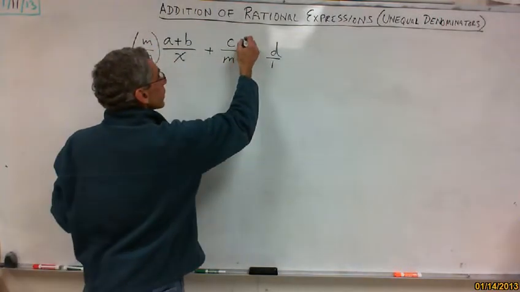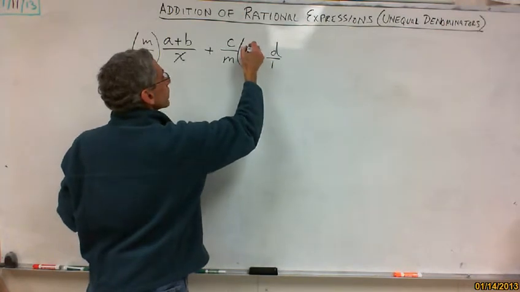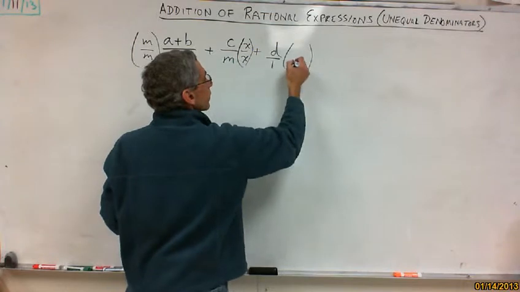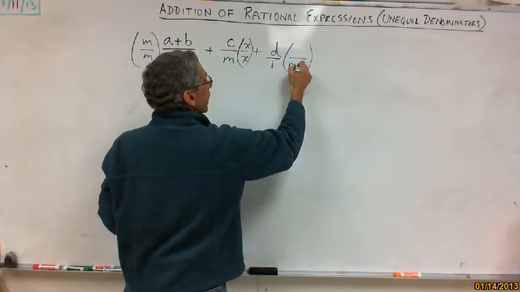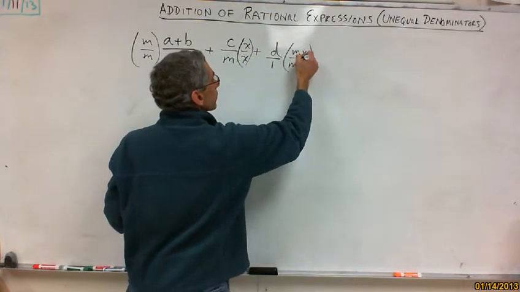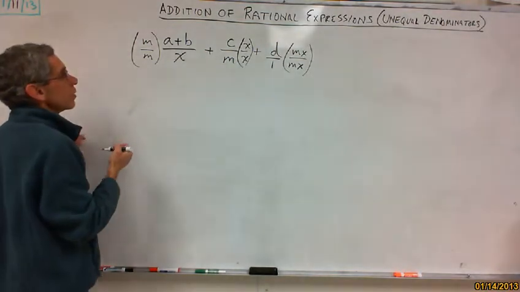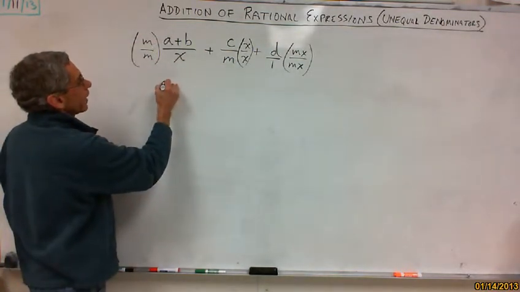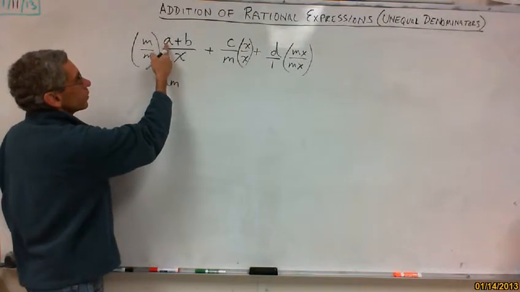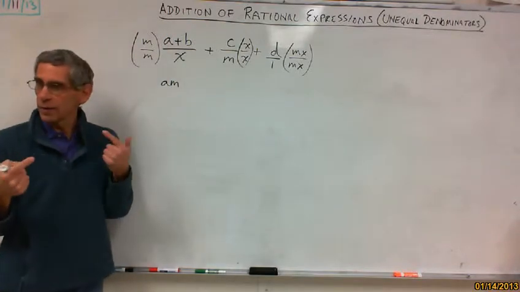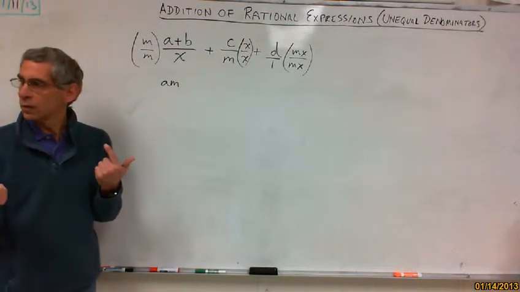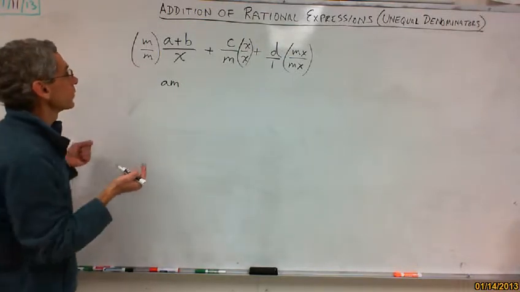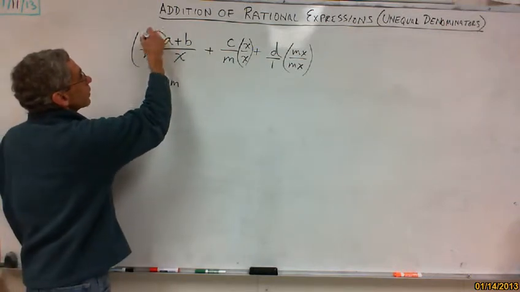What is this one missing? An x. What is this one missing? Yeah, mx. So I am going to distribute my numerators though. So I've got am, I like to write my variables in alphabetical order. That tends to be the common approach, accepted practice for algebra.